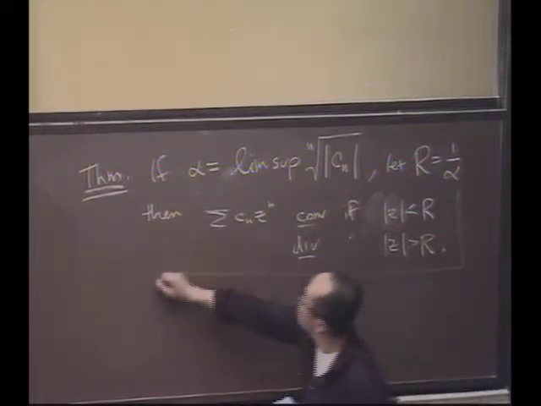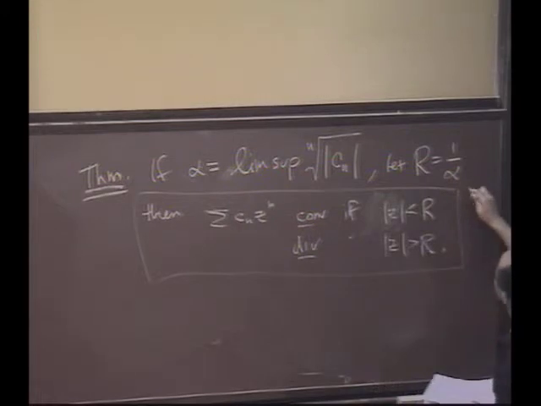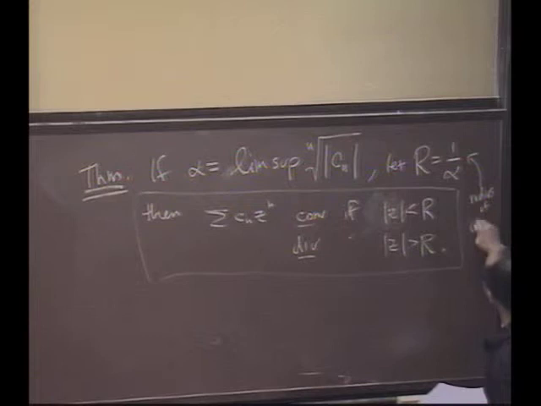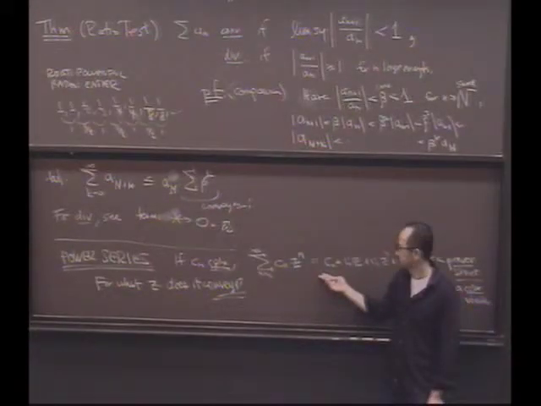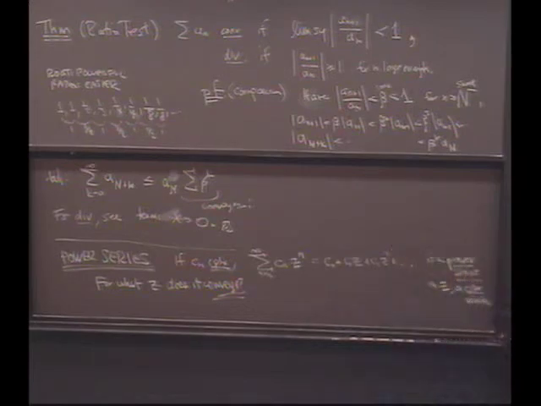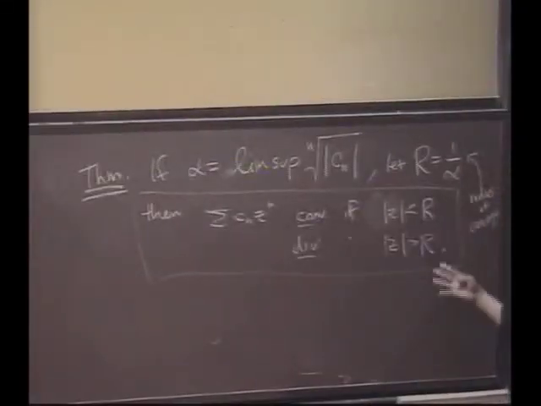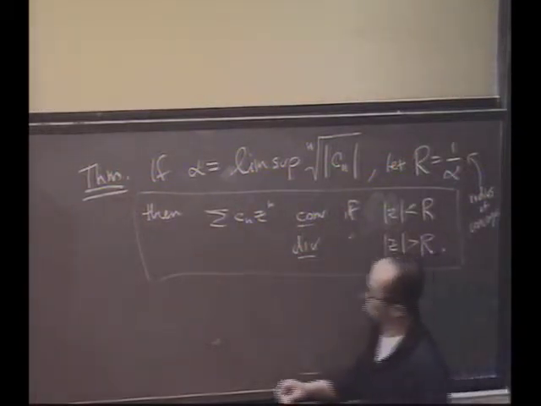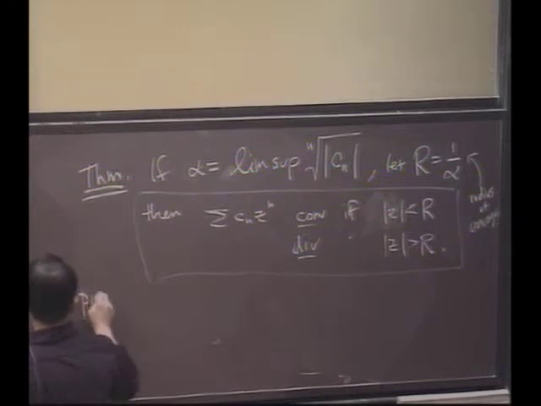And this r has a special name. It's called the radius of convergence. So some of you have seen this in other courses. The surprise is the set of all places where this series converges actually forms a disk. It's a circle in the plane, centered around 0 in this case. And it's amazing it's a circle. But you can see where it comes from because the proof involves the root test.